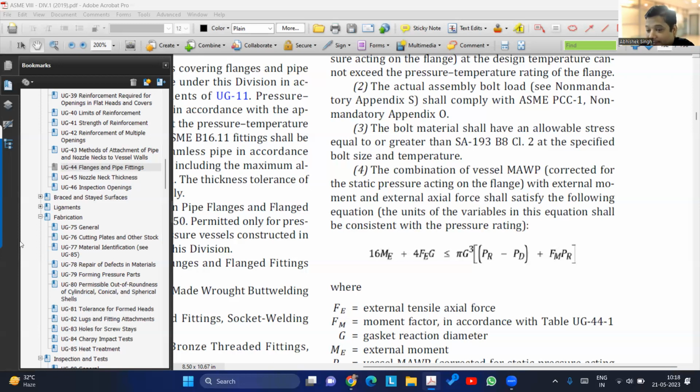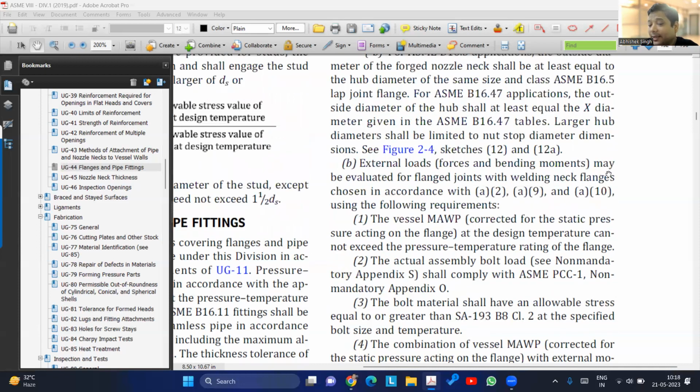Again, I'm repeating the question which Sumit has asked. The first part of that question is: is derating compulsory for nozzles for U stamp jobs? Let us see what this statement says: "may be evaluated." That means it is one of the ways. It may be used, may not be used, because if the code says "shall be evaluated," that means we have to compulsorily follow.